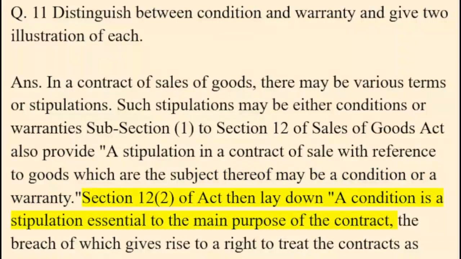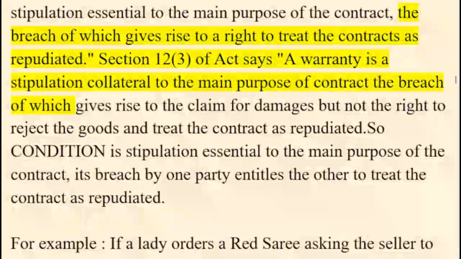Section 12(2) of the Act then lays down, a condition is a stipulation essential to the main purpose of the contract, the breach of which gives rise to a right to treat the contract as repudiated.